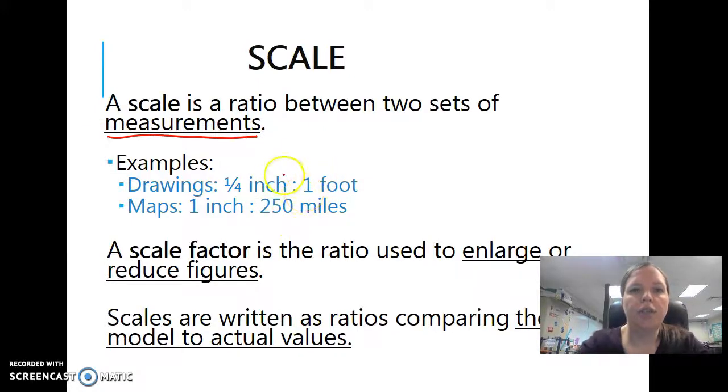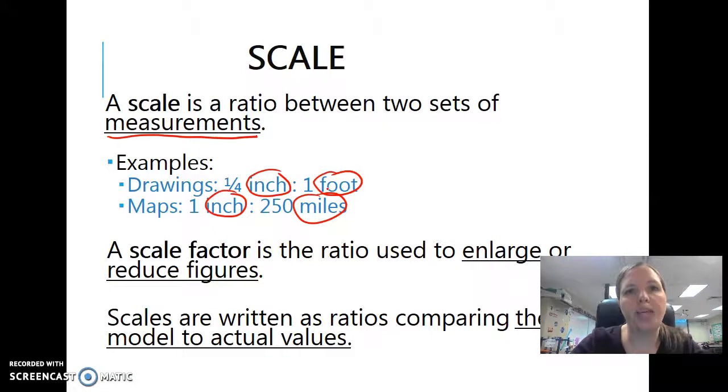You can see here our measures, when we include units, would be inches and feet. Maybe on a map of highways we would have miles. But the scale factor then is the specific ratio that's used. We're going to either make it bigger, enlarge it, or we're going to make our figure smaller.